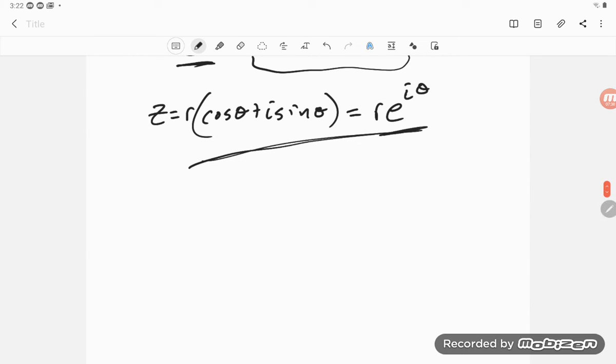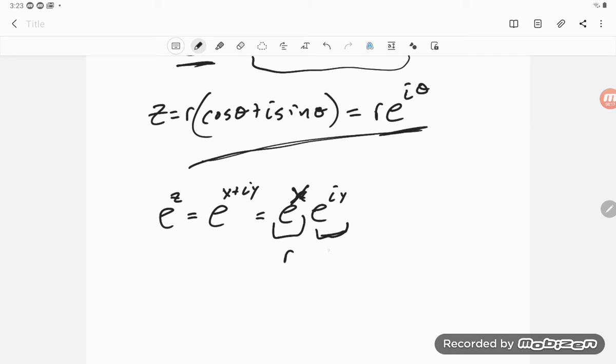Now notice though, with e to the z, you have to be a little careful, because that's e to the x plus iy, so that's e to the x times e to the iy. If I write it that way, notice e to the z, there is your modulus or magnitude, and there is your angle, or you'll see your arg there.